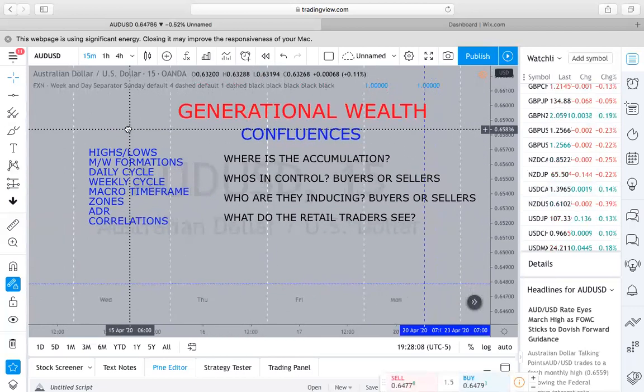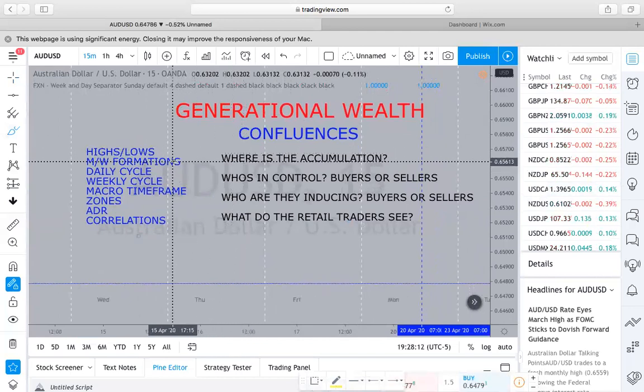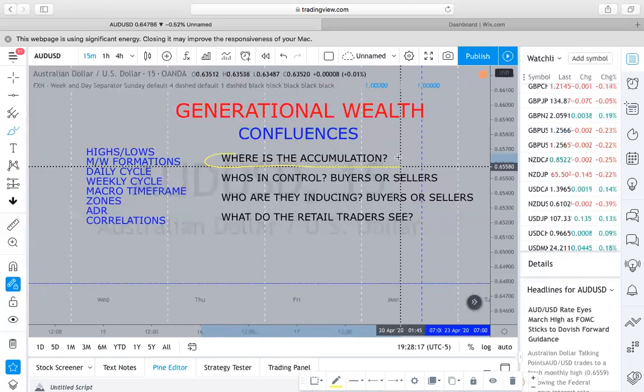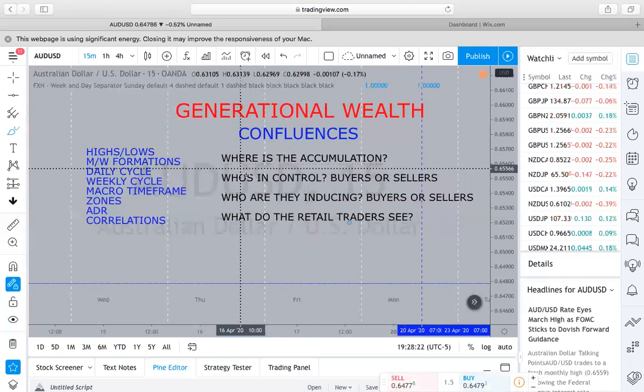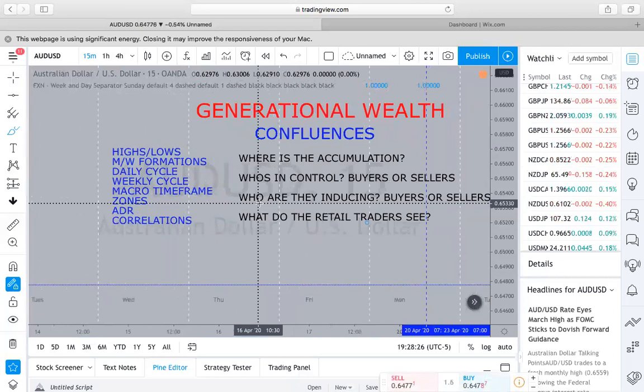Now you also want to ask yourself, where is the accumulation? Where do you see liquidity?